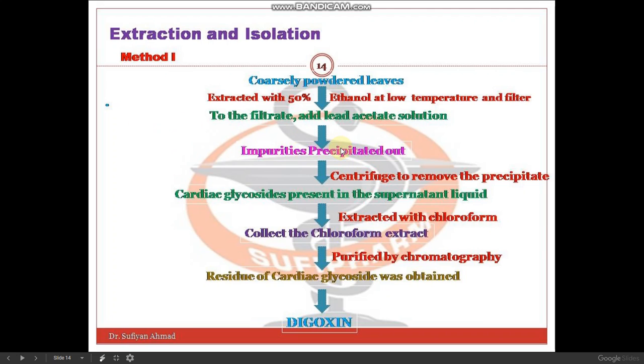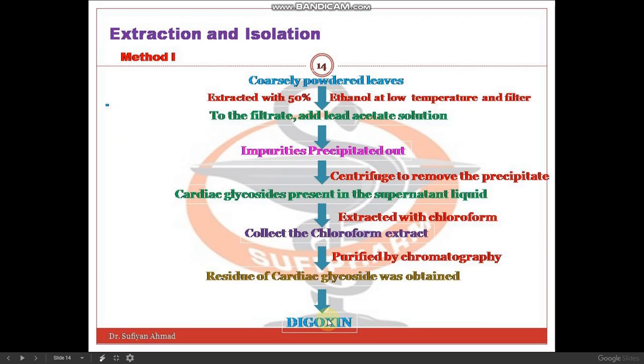Next, we subject it to centrifugation to remove the precipitate. After removing the precipitate, our cardiac glycoside is present in the supernatant liquid. Then we use an organic solvent like chloroform to collect our cardiac glycosides, which is further purified by chromatography, or you can go for column chromatography here, and finally you will obtain digoxin.